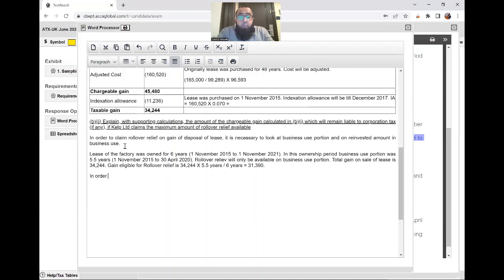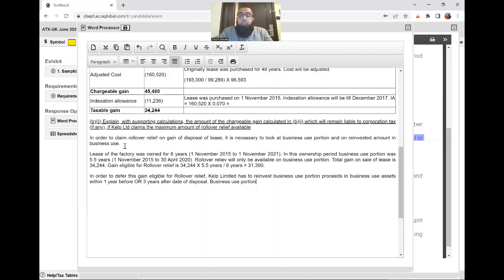In order to defer this gain eligible for rollover relief, Calp Limited has to reinvest business use portion proceeds in business use assets within 1 year before or 3 years after date of disposal.